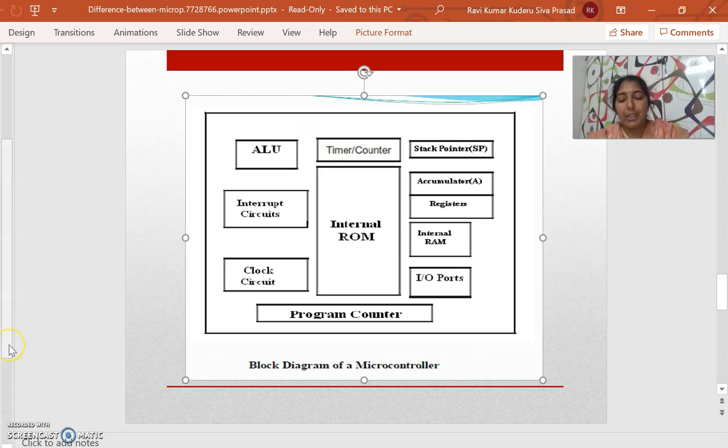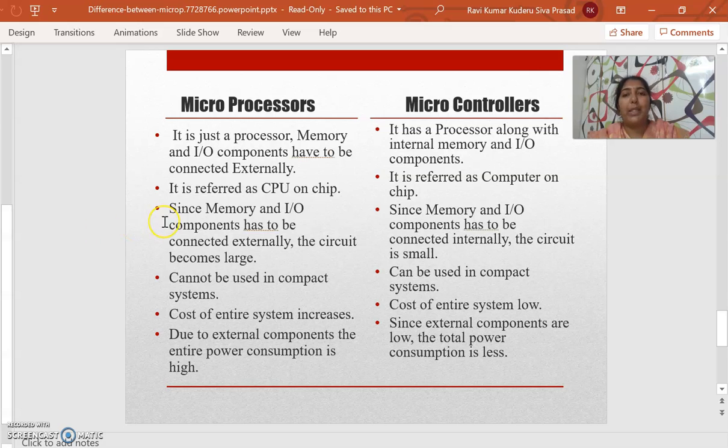So just by remembering or understanding these block diagrams and the definitions, we can write down the differences between microprocessors and microcontrollers. As a first point, a microprocessor is just a processor where the memory and IO components must be connected externally.